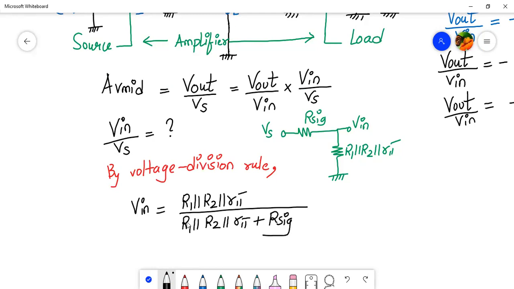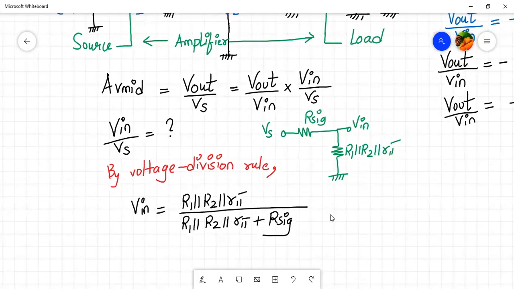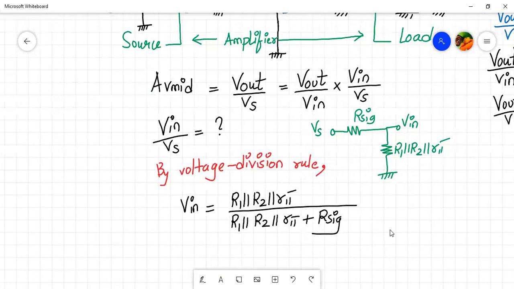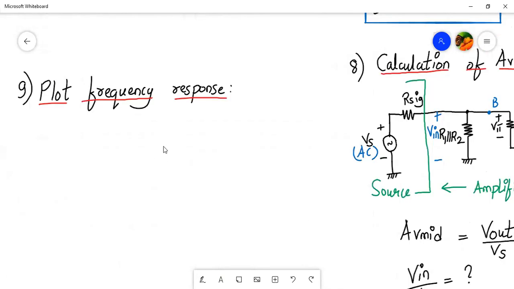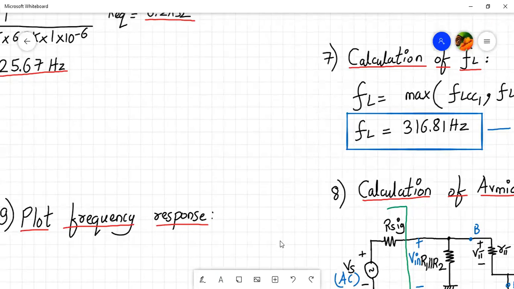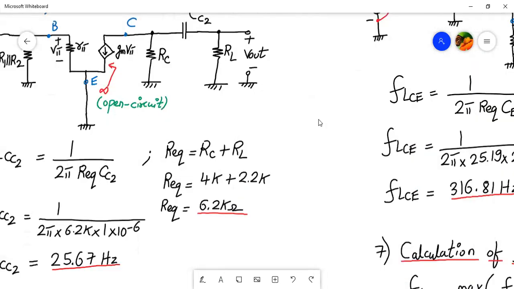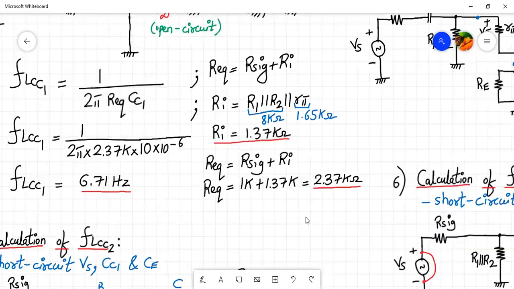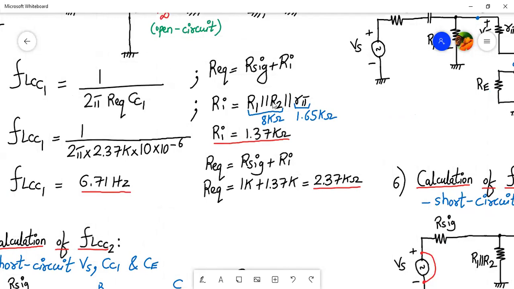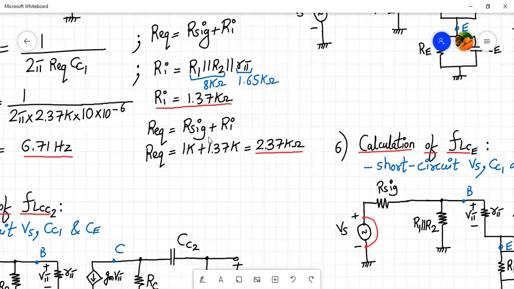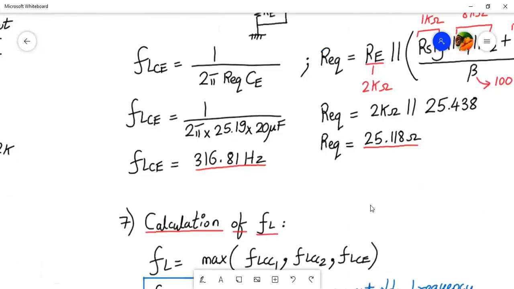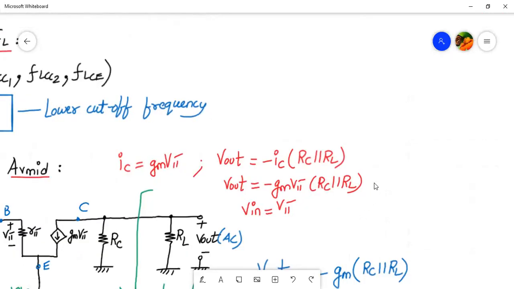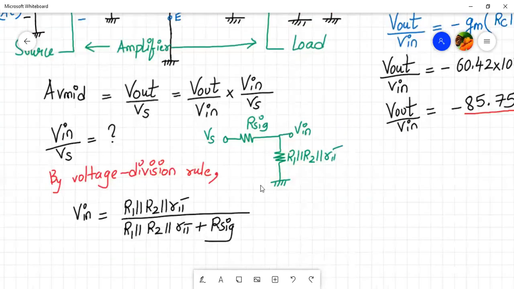So do we have the parallel combination value R1 parallel to R2 parallel to R pi somewhere before? Have we calculated it? I guess yes, we have calculated that before, I think in FL of CC1. Okay, sorry for this. Yeah, R1 parallel to R2 parallel to R pi, its value is 1.37. So we'll come over here and substitute that value.